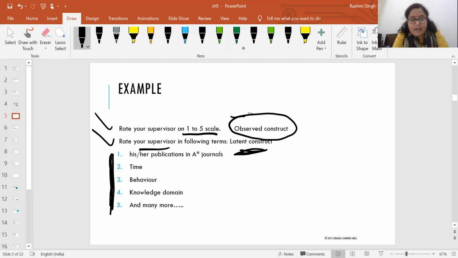So here the rating actually depends on these five variables. That's why in the second case this would be latent. But if we take the example of the first case, we are directly giving a point on the 1 to 5 scale, so that would be acting as an observed construct. So that is all about the endogenous and exogenous construct.